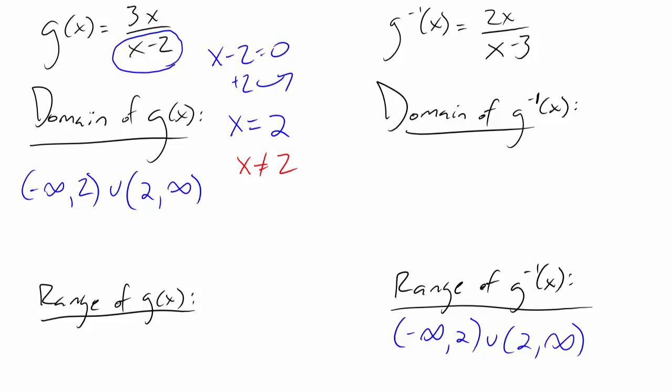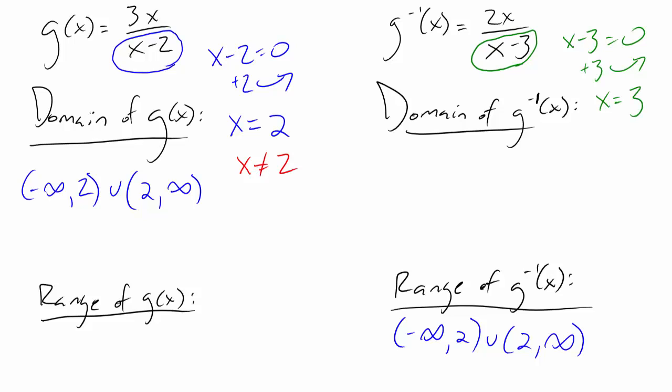Now we just need to focus on the domain of g inverse, which is that 2x over x minus 3. And again, our problem is going to occur if there's a 0 in the denominator. So we need to prevent x minus 3 from equaling 0. We'll solve this equation by adding 3 to both sides. The problem is going to happen when x is equal to positive 3.